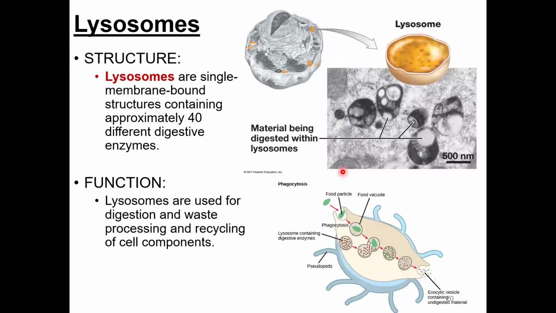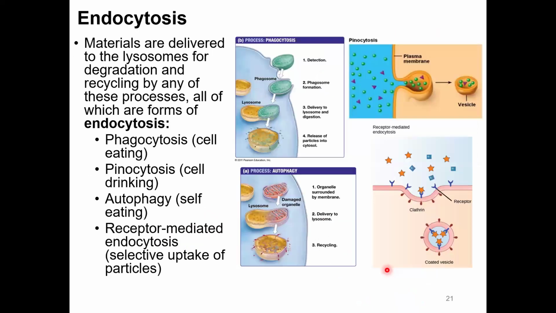Lysosomes, on the other hand, are also single membrane-bound structures that contain approximately 40 different digestive enzymes, and they are used in digestion, waste processing, and the recycling of cell components. It is basically the area that sorts out all the toxins and different waste particles and then recycles some aspects for cellular components.